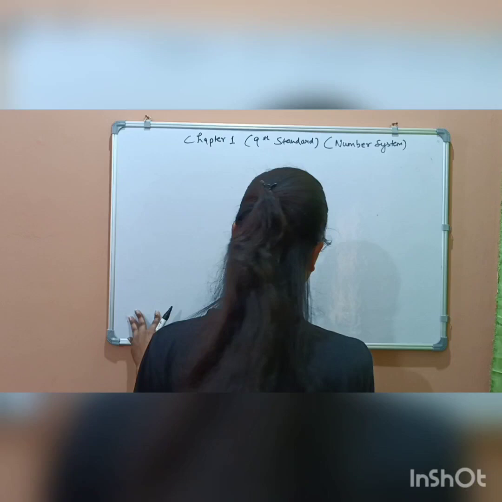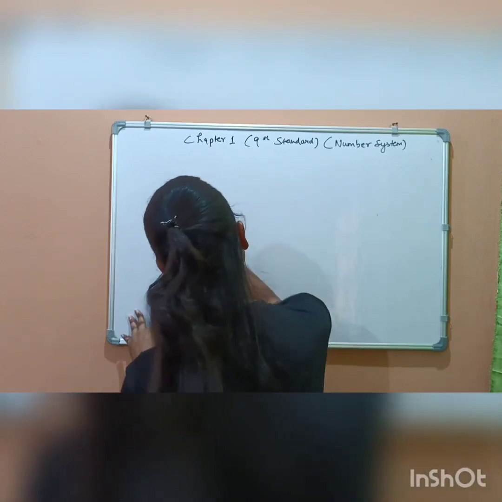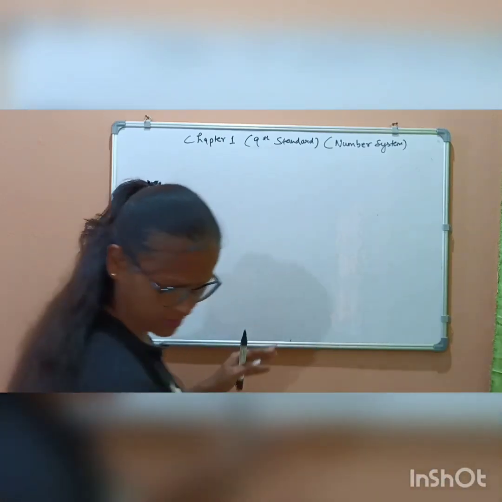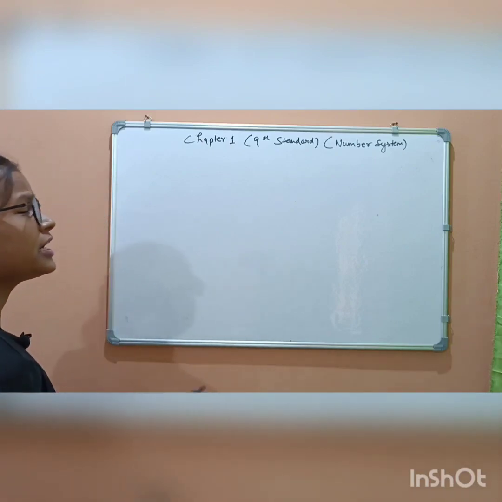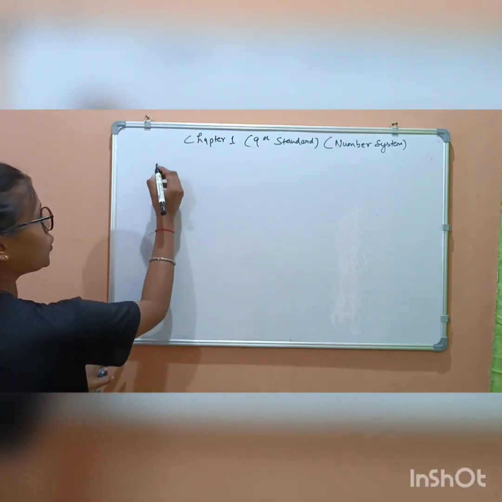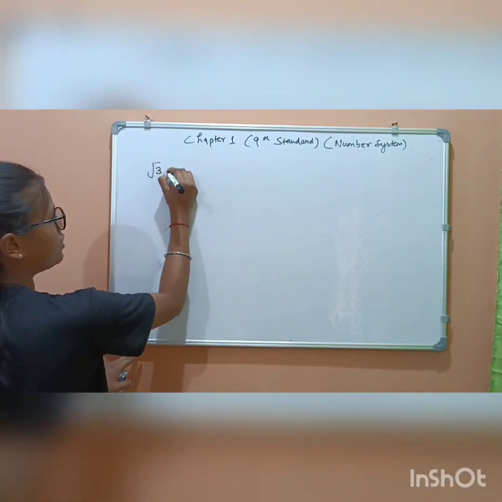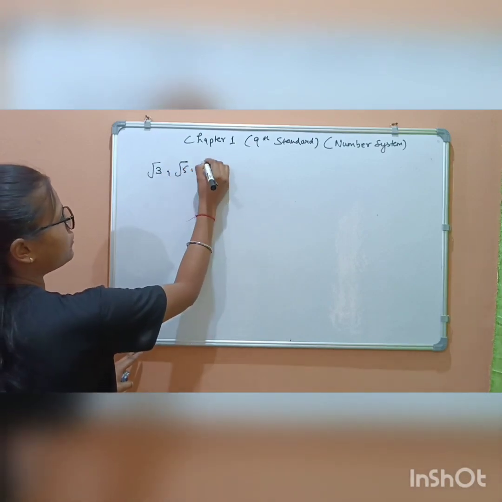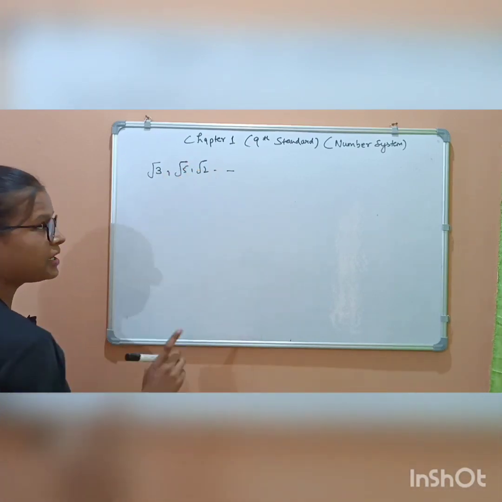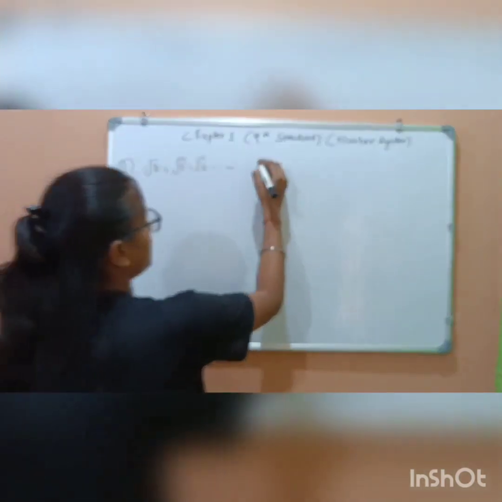In the theory section of this chapter, you have to study only three things. That is, you have to first learn how to represent root 3, root 5, root 2 or things like this on number line. First point is this.